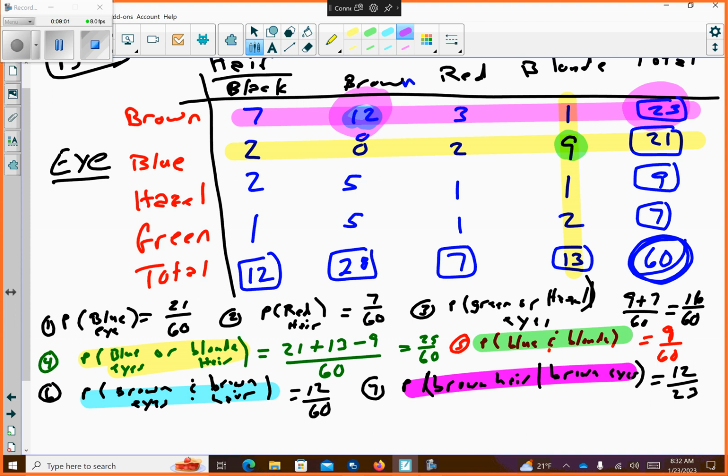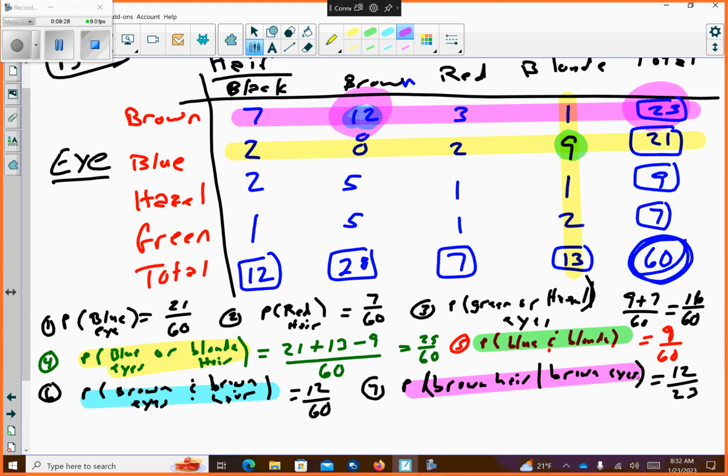That was in pink. Notice I didn't do it out of 60 that time. Let's say you had all these 60 people in one room, and we told everyone with brown eyes to stay in the room.